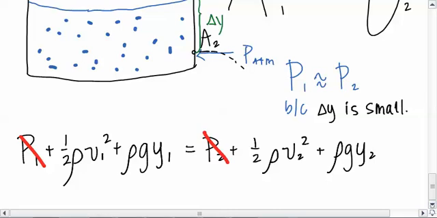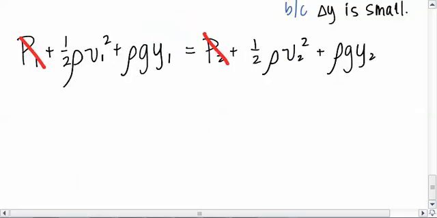Now, the area of the top of the pool is huge compared to the tiny little pinhole we put in the side, where the speed here, V1, is tiny, tiny, tiny. So V1, because it's very, very tiny, is approximately 0.